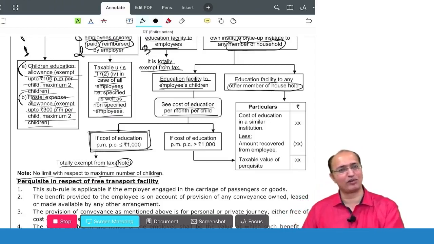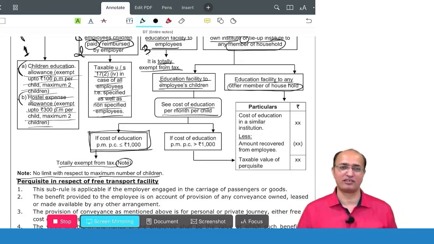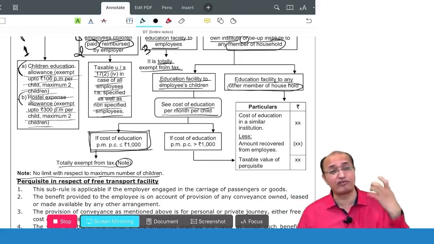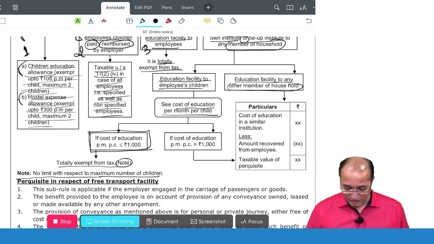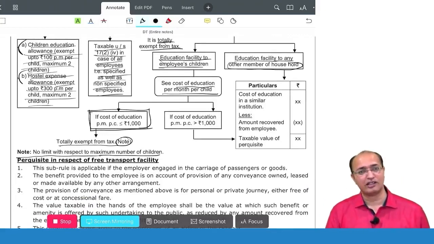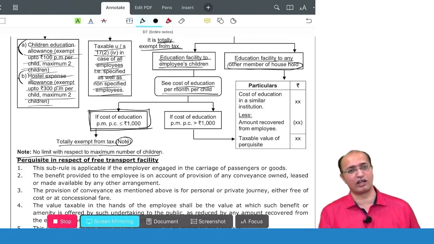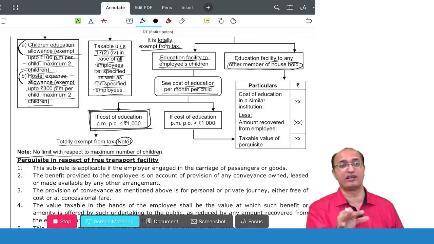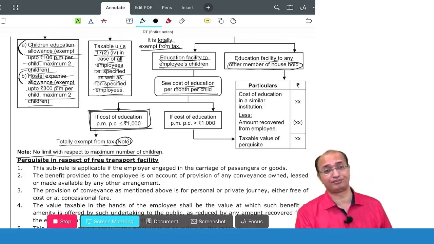In that division, only Manoj's children will study. All 20 children are studying free of cost. In that case, if the cost of education per month per child incurred by the employer is less than or equal to 1000, no tax will be levied. This perquisite will not be taxable.